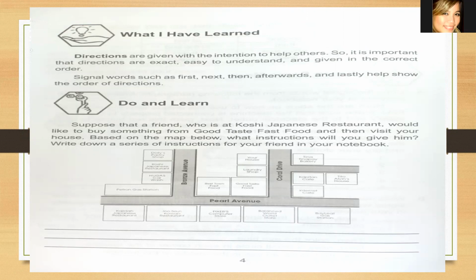So, gikan siya sa Koshi, muadto siya sa Good Taste Fast Food, then mo visit siya sa inyuhang balay. Based on the map below, what instruction will you give him? O, diba? What instruction will you give him? Write down a series of instruction for your friend in the answer sheet.